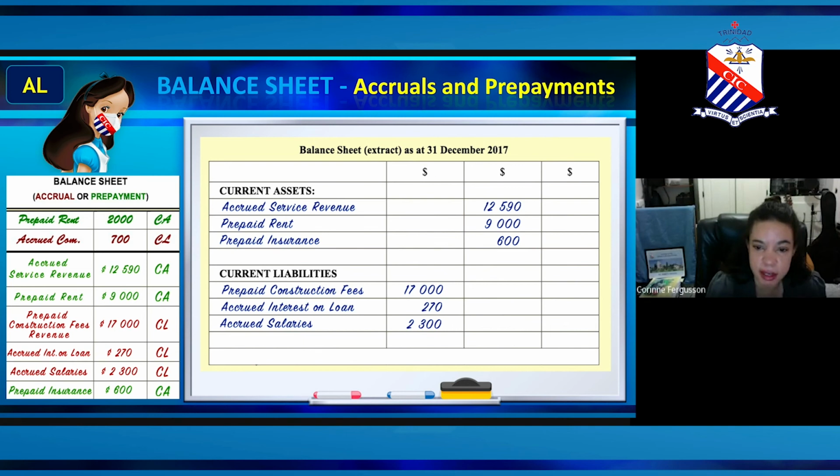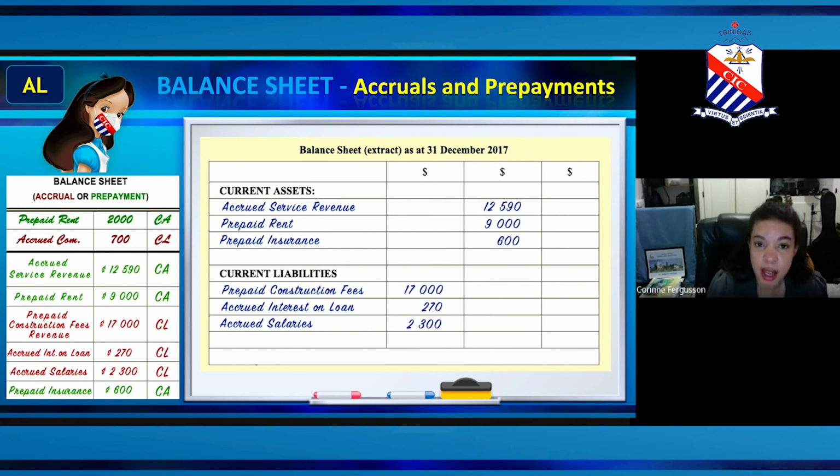Your next current asset, prepaid expense. Once again, you're not going to go here and put prepaid expense. You're going to put the specific name of the expense, which is rent, and you're going to put prepaid rent, and what is the amount? 9,000.